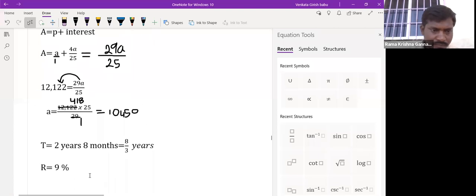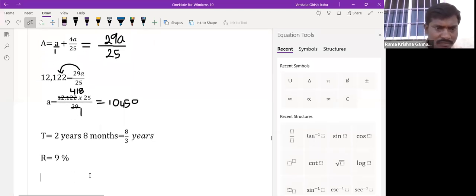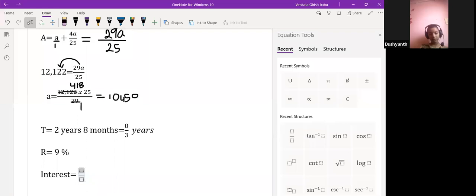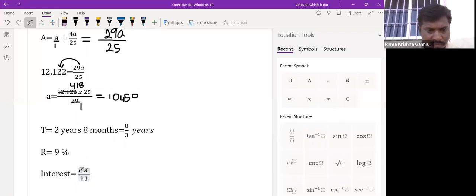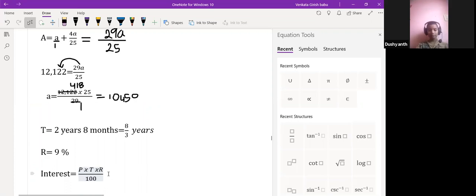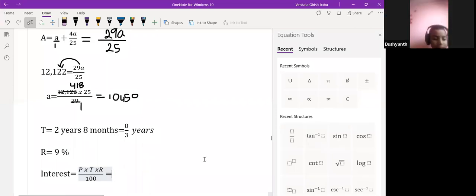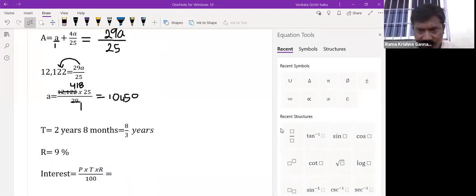See now, interest is equal to P into T into R by 100. What is the P value there? 10,450.